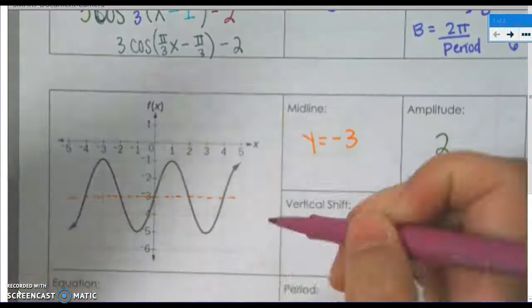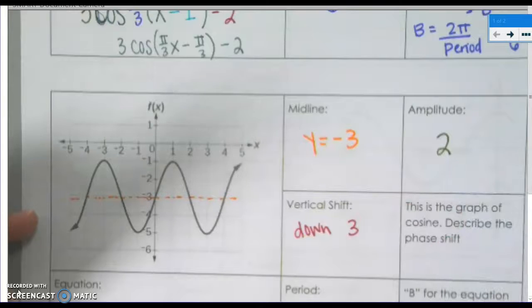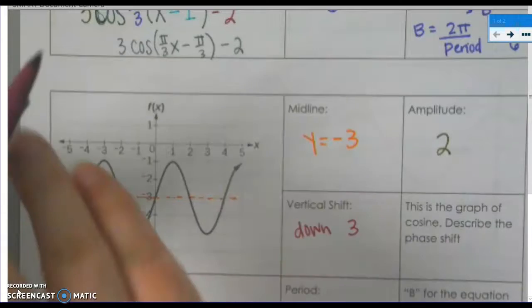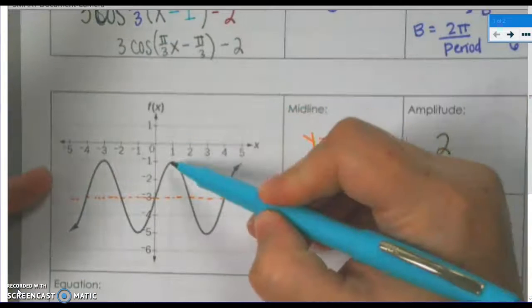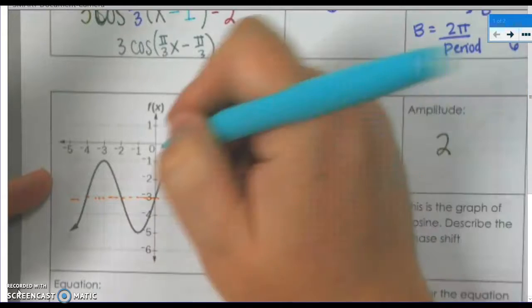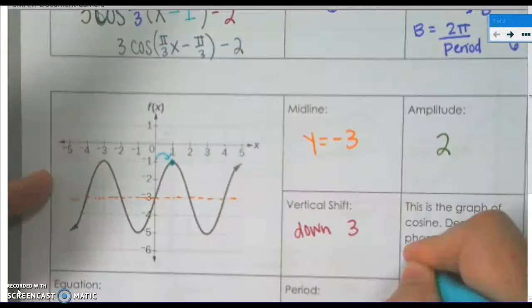So my vertical shift is down 3 because they go together. And I'm telling you to use cosine. So again, cosine, the maximum is supposed to be on the y-axis. So this got shifted 1 unit to the right as well.